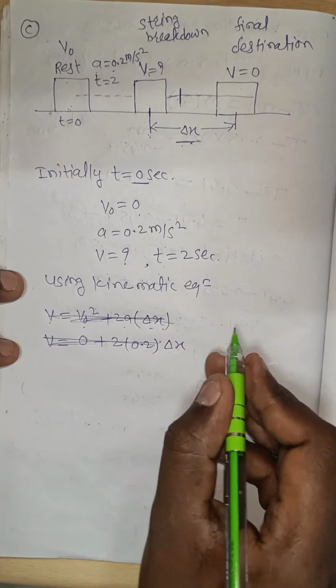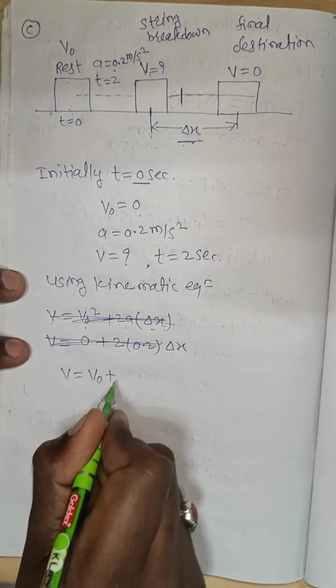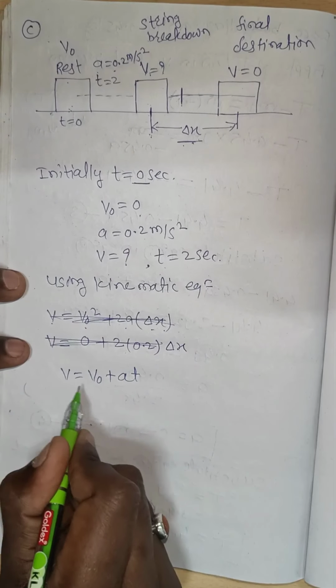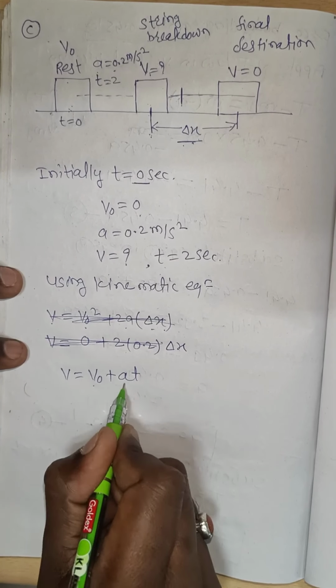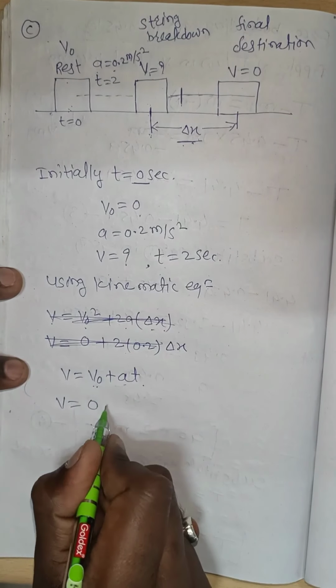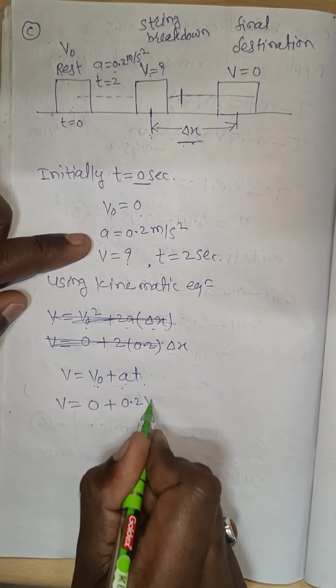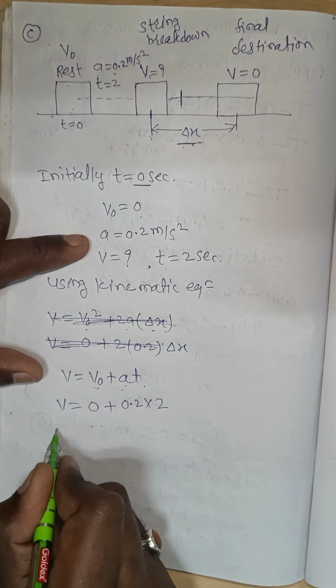We have to use the kinematic equation v is equal to v0 plus at. We know the v0 value, a value and t value. Therefore, v is equal to v0, which is 0, plus a value 0.2 into t value 2.